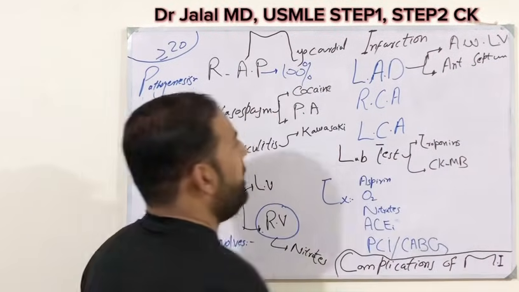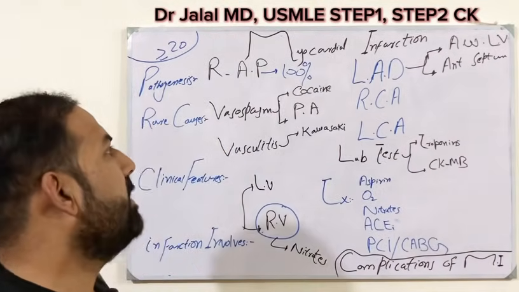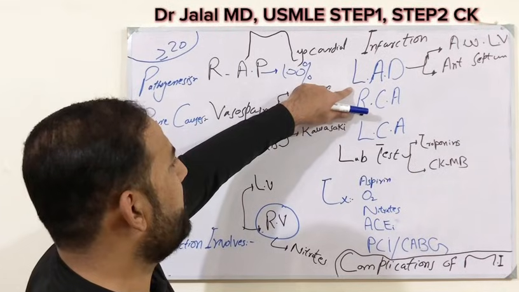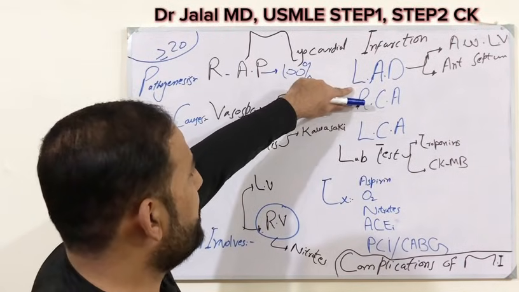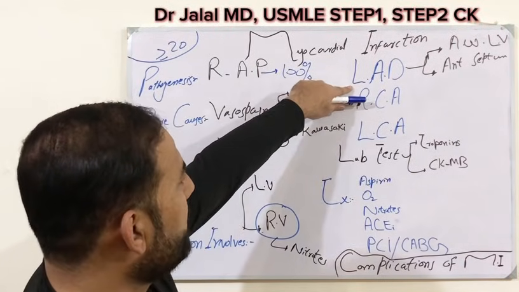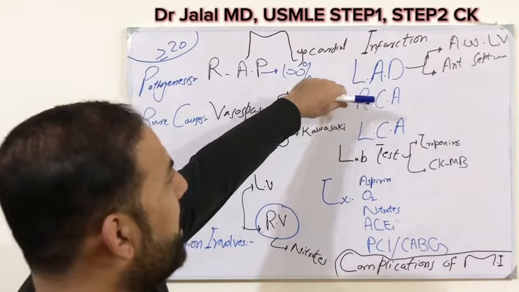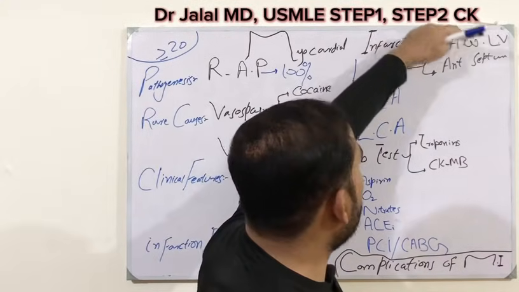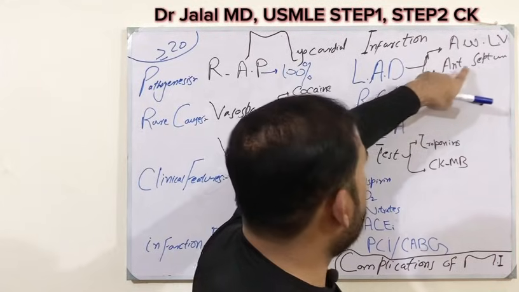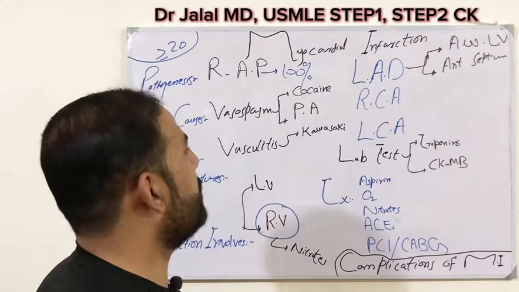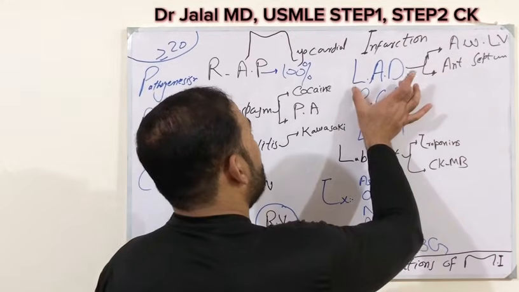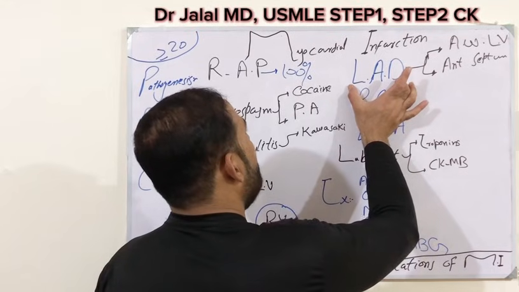It means if a patient has MI involving the left anterior descending artery, meaning this artery is occluded, the infarcted portion seen in the heart will be the anterior wall of the left ventricle as well as the anterior septum. This is what we are going to see in case of left anterior descending artery MI.